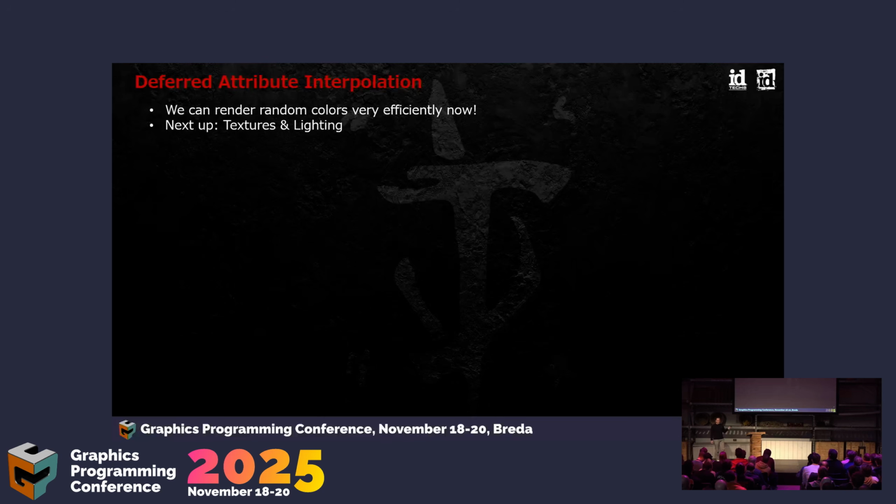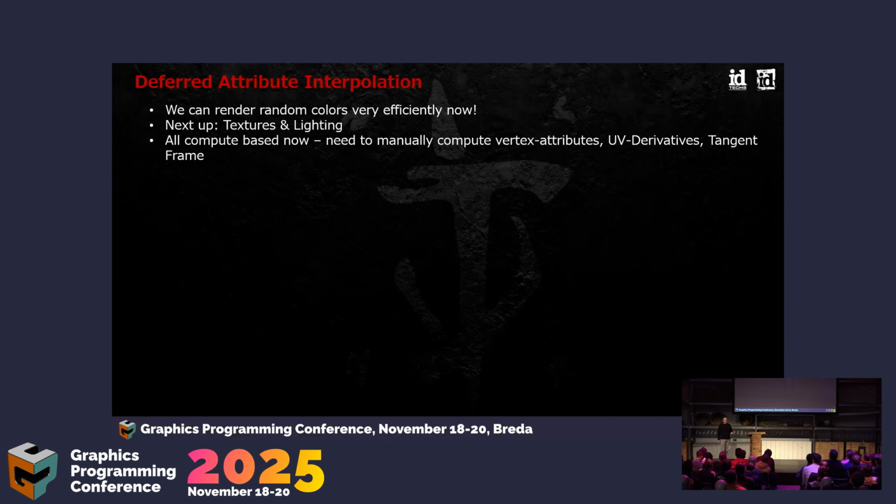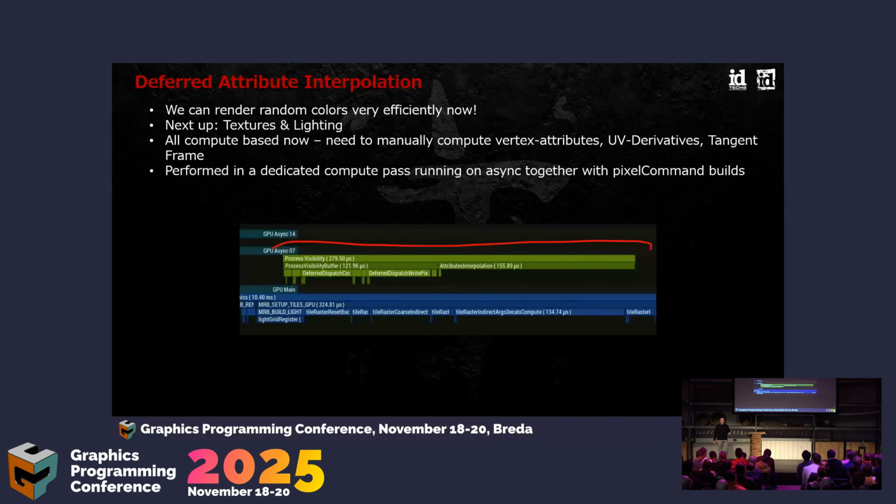So next, of course, we have to deal with textures and lighting. As a reminder, we picked the slim visibility buffer earlier, and so we still need to do vertex attribute interpolation manually at some place. And we decided to do this in a dedicated compute pass. We could have also chosen to do this inline in the texturing or lighting shader, but in our experiments, that increased the VGPR count a lot.